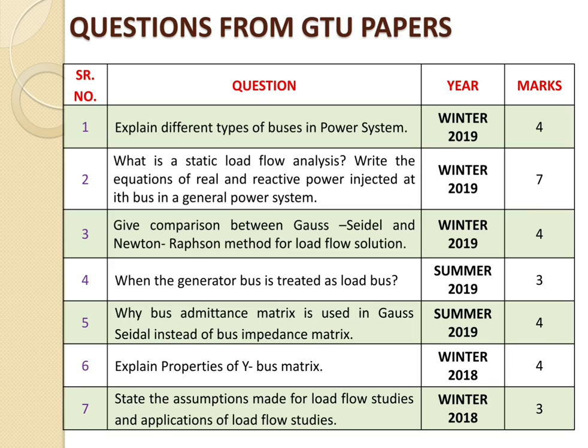Then, when is the generator bus treated as a load bus, which is also finished. Then, why is the bus admittance matrix used in Gauss-Seidel, asked in summer 2019 for 4 marks. Explain properties of the Y bus matrix, asked in winter 2018 for 4 marks.